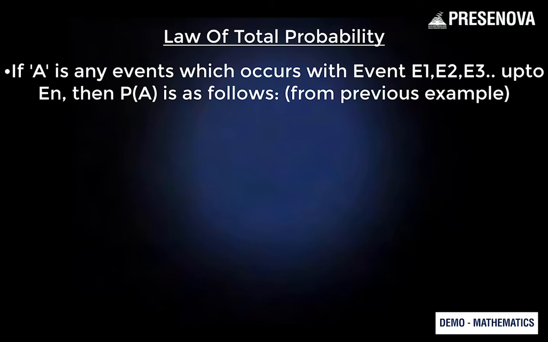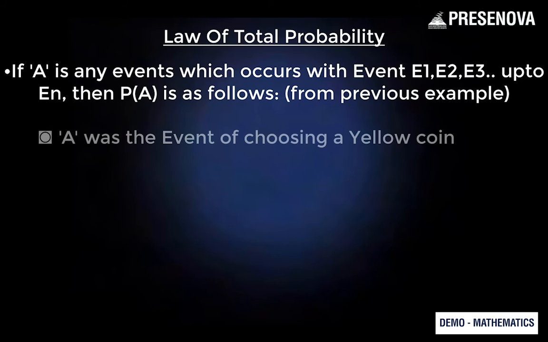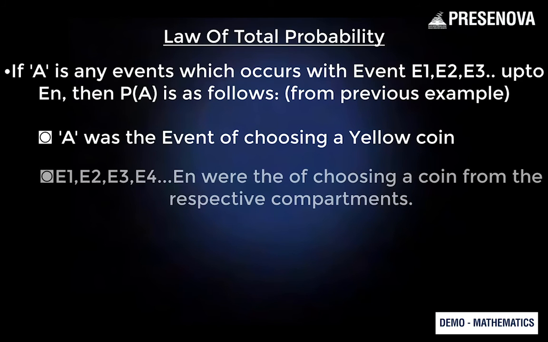If A is any event which occurs with E1, E2, E3, and so on till En, then P of A is as follows. Now let us again compare this statement with our previous example. Here, let us consider A to be choosing a gold coin, and E1, E2, E3, and so on to be choosing compartment 1, 2, 3, 4 respectively.